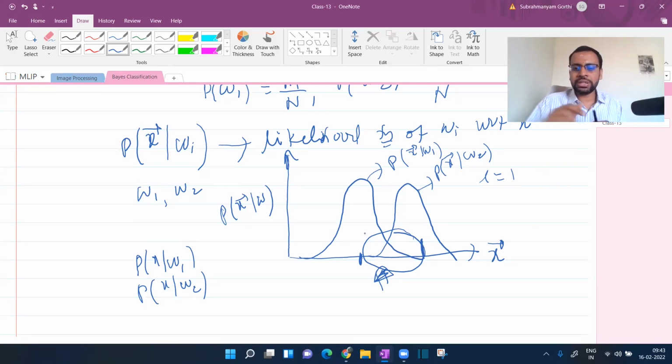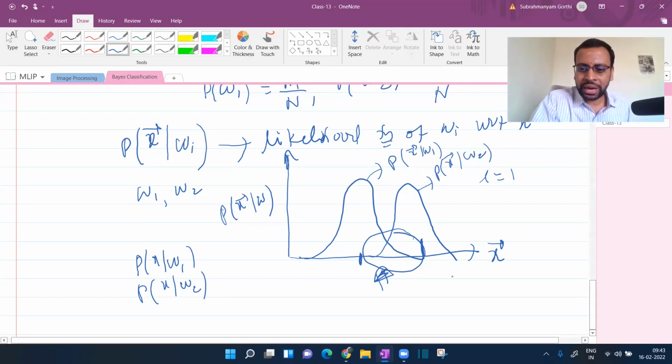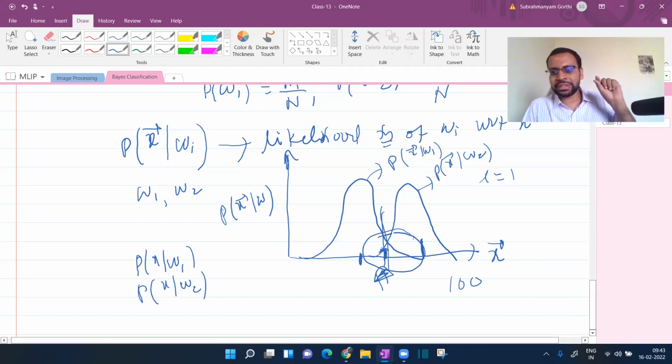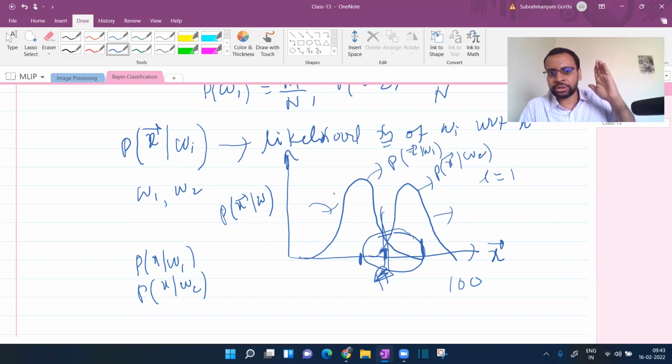Assume these are the intensities. If you have 100 pixels with a given intensity, it will tell you, let's say, that 10% of those pixels belong to class 2 and 90% belong to class 1. It is not noise. Even without noise, this can happen.